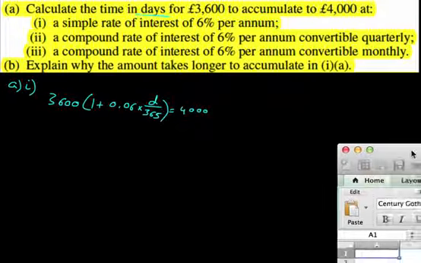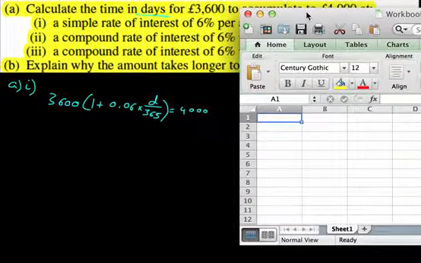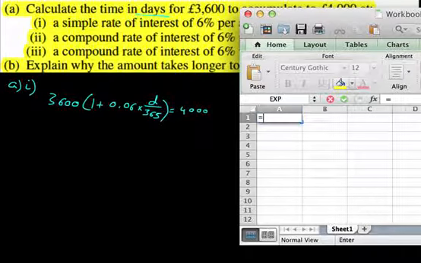Alright, so let's have a quick look at what this might be. Transposing it to get D by itself, 4,000 divided by 3,600, minus 1, is that bit over there. We're then going to divide that by 0.06 and times it by 365.